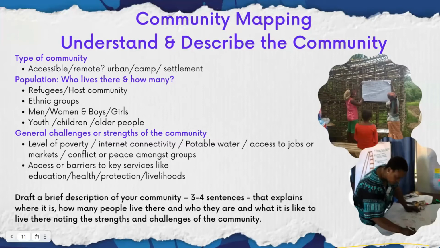Or you can also write it down in your book or the template you're using for this training. Describe in a sentence where it is located, how many people are there, who they are, and what it is like to live there. Then note the strengths and the challenges of your community. You have 1 minute to do that in the chat right now.